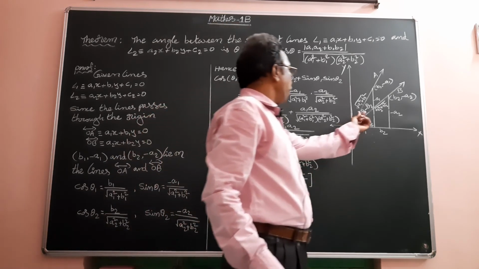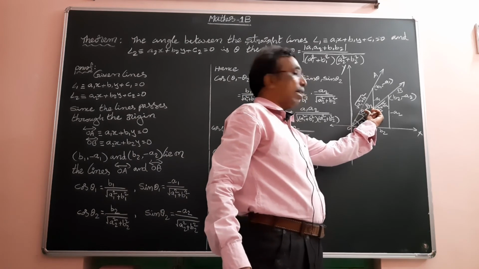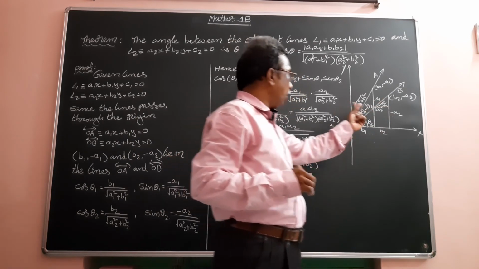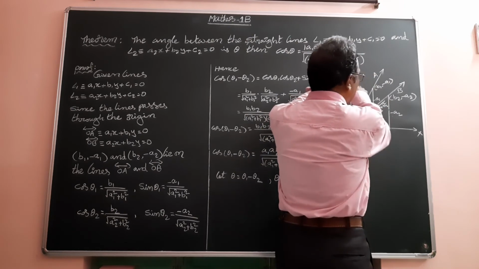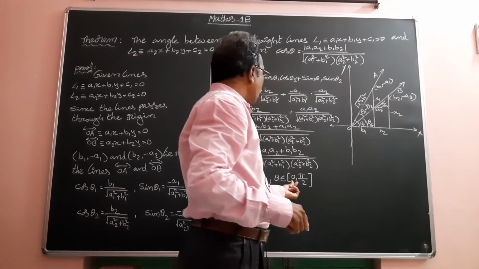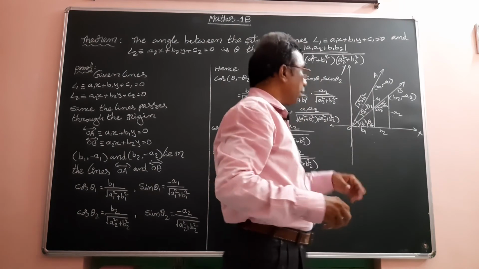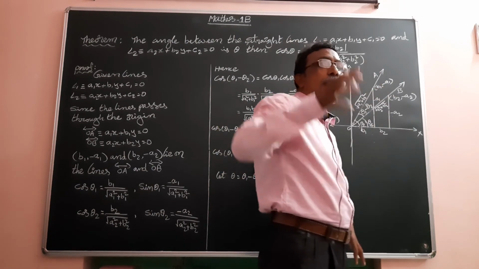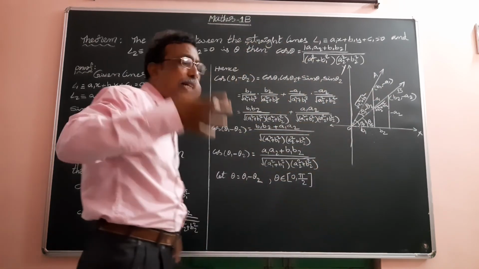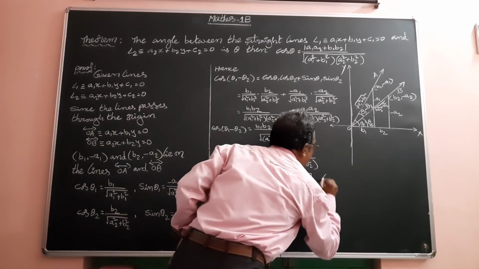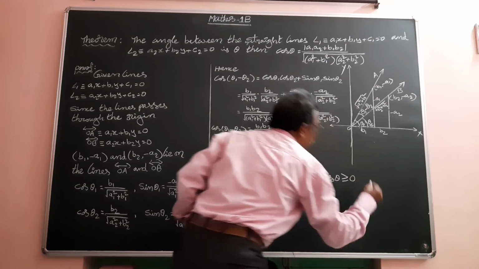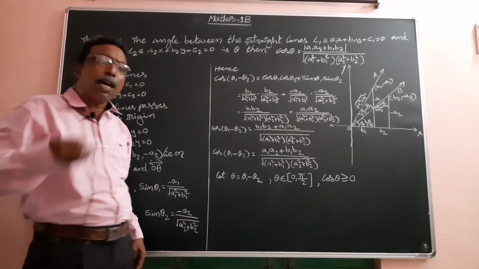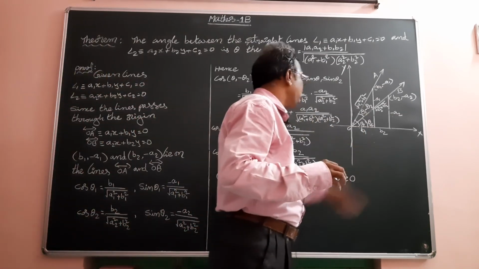Theta 1 minus theta 2, we consider theta, and this theta is an angle between 0 to 90 degrees only. In the first quadrant all are positive, so cos theta is also positive. Cos theta is greater than or equal to 0, no negative values.